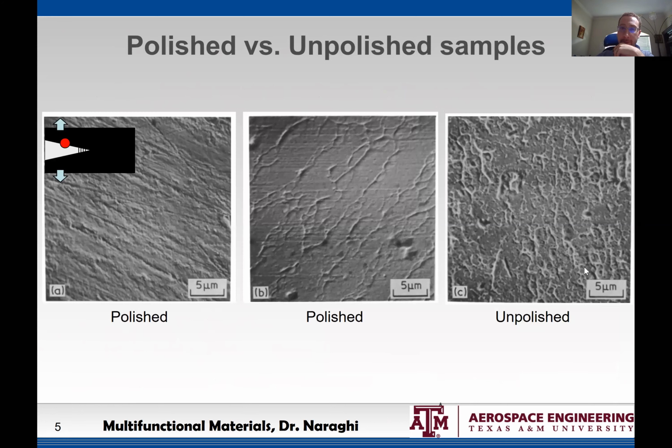I just want to show you this sample. A research group looked at this portion of the material, the crack face, after the crack had fully opened. This is the case when they polished it, and this is the case when they left it unpolished.